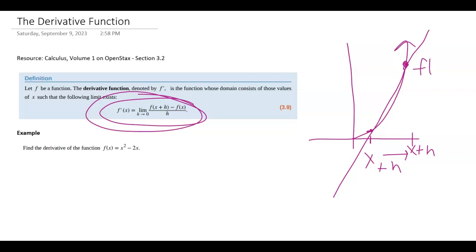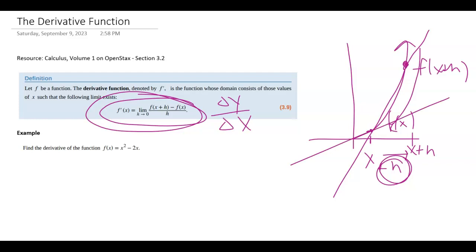This would be f of x plus h, this would be f of x, so I would do change in y over change in x, and then we could let h go to 0 and slide this down to get the slope of the tangent line at that x value, and then this x value can be anything, so then you can plug in.